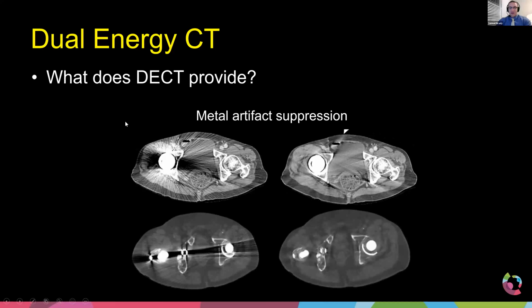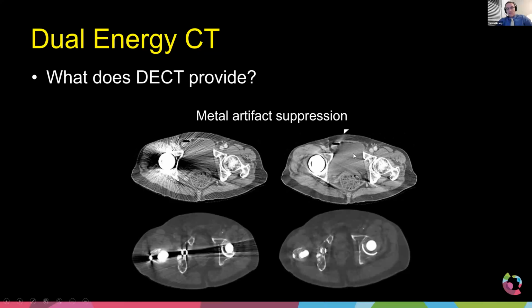Because of the way the image is acquired using both low and high energy, and because artifacts are different at the low energy kV and the high energy kV, we can more readily identify beam hardening artifacts and other types of artifacts in dual energy, and more appropriately reduce those artifacts in the image.